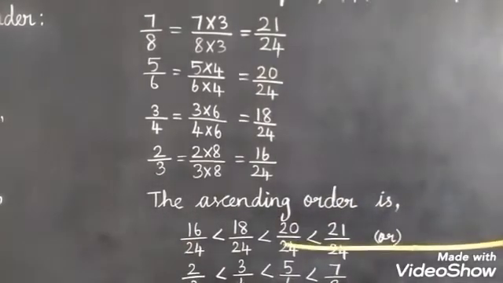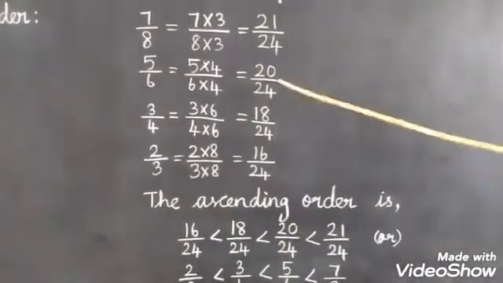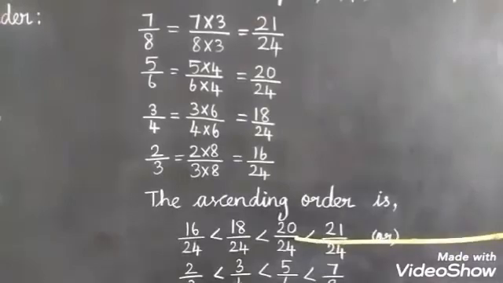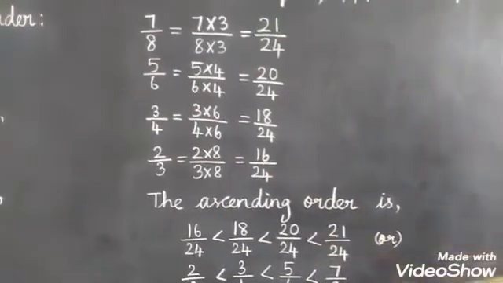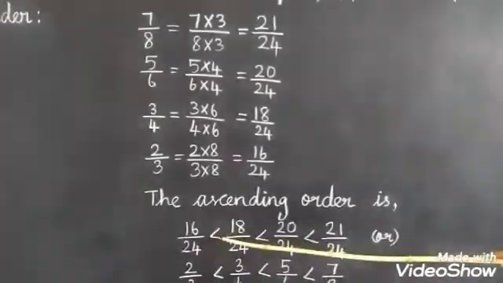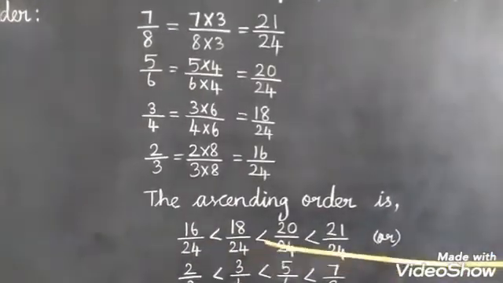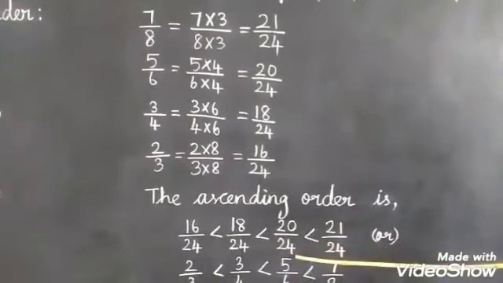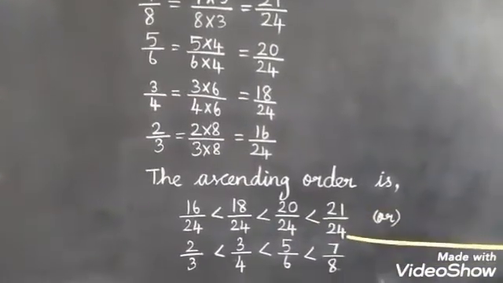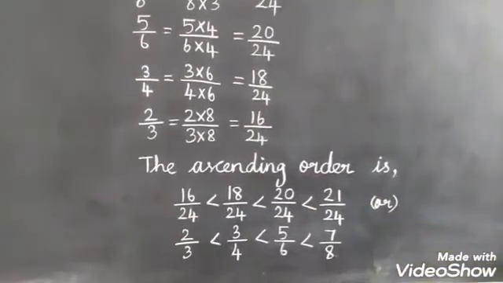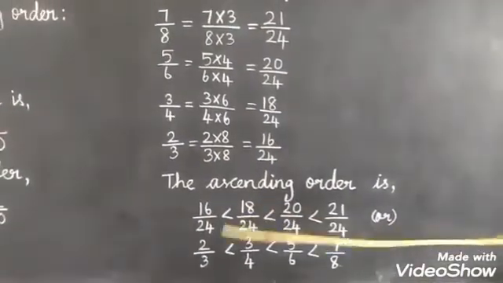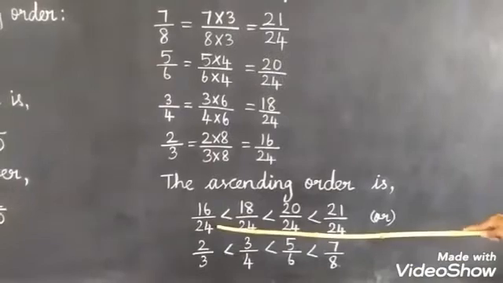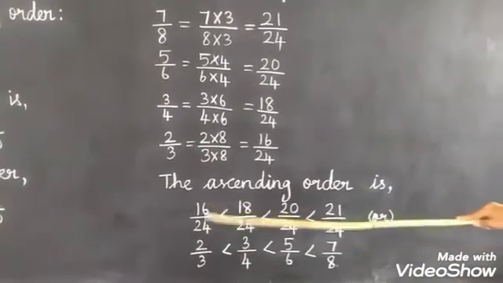Yes, 20 by 24 is the smallest. So 20 by 24 less than. Next remaining we have 21 by 24. So 16 by 24 less than 18 by 24 less than 20 by 24 less than 21 by 24 we get. Now we have to write the actual fractions. For 16 by 24, what do we have in the question?